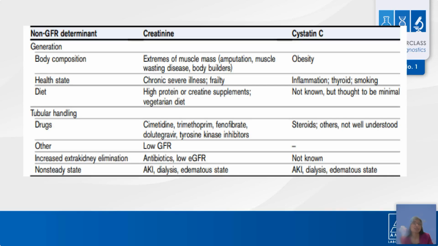But looking at creatinine itself, we can see that body composition, as I explained, extremes of muscle mass can, if it's big muscle mass, increase the creatinine and affect the eGFR calculation. If it's less muscle mass, it can decrease and also affect the eGFR.